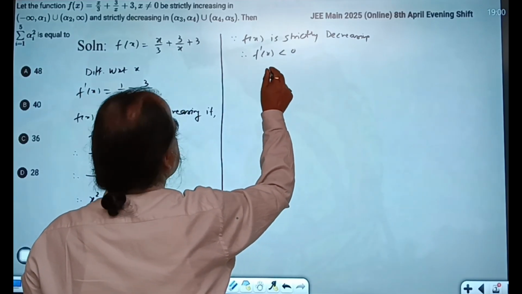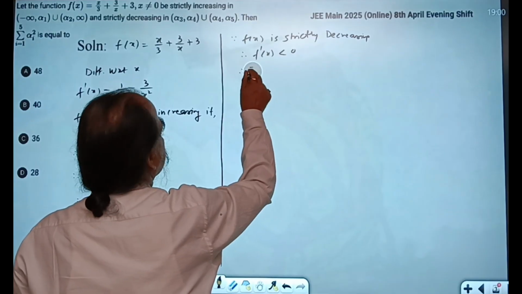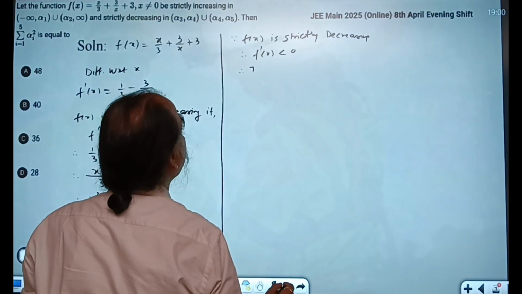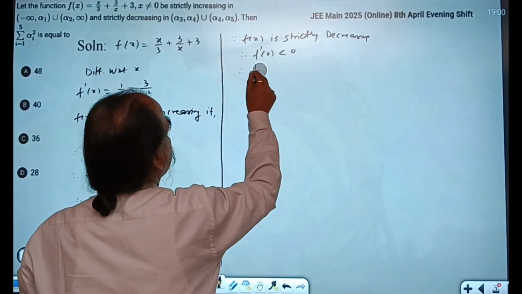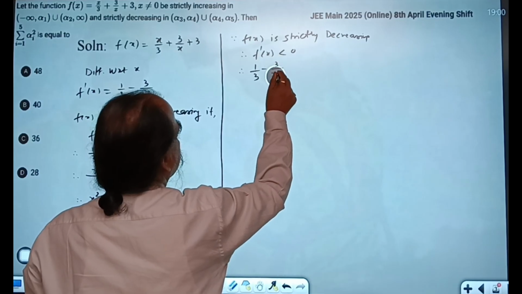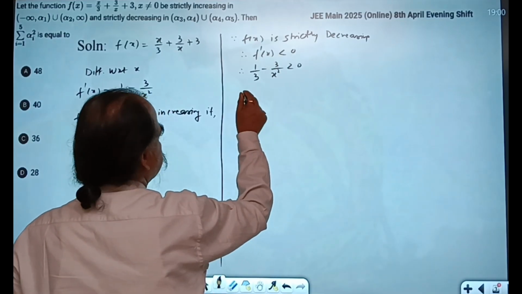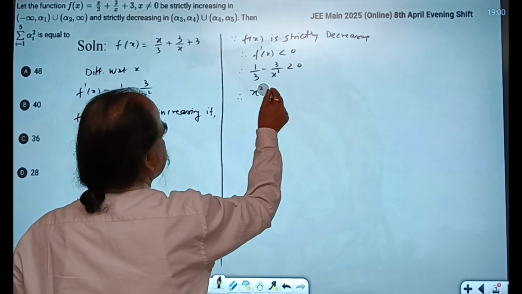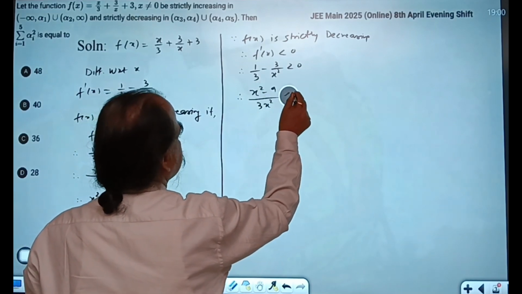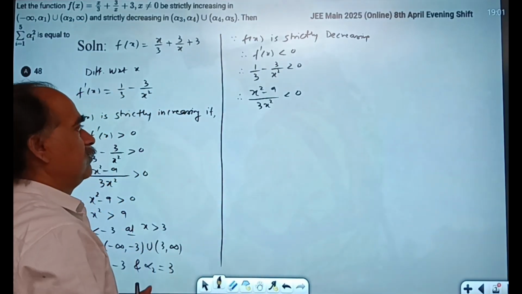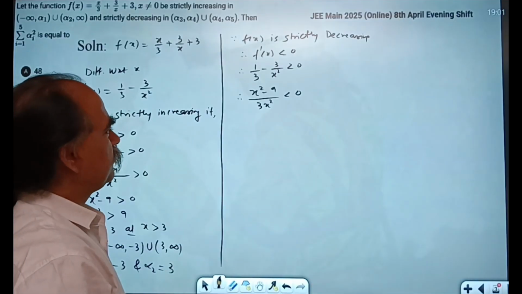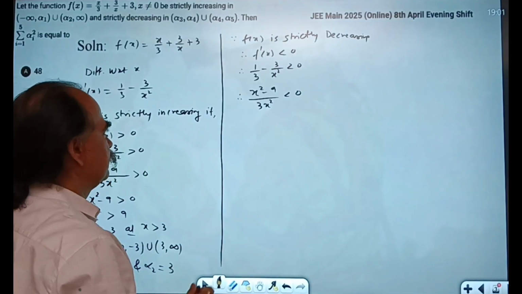We got 1 by 3 minus 3 by x square less than 0, that is x square minus 9 upon 3x square less than 0. This will be less than 0 provided numerator is negative, since denominator is always positive.